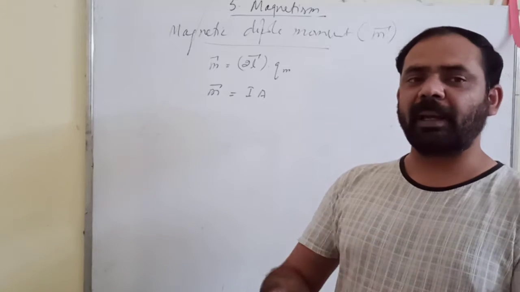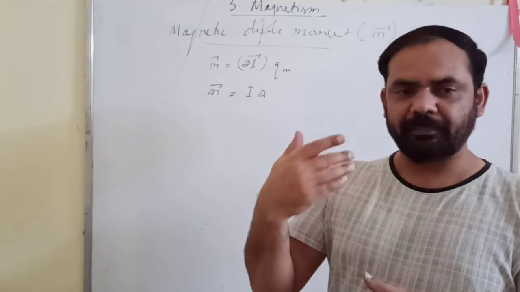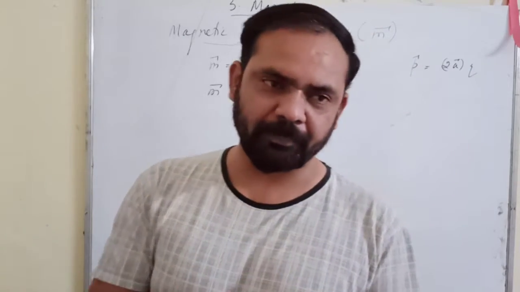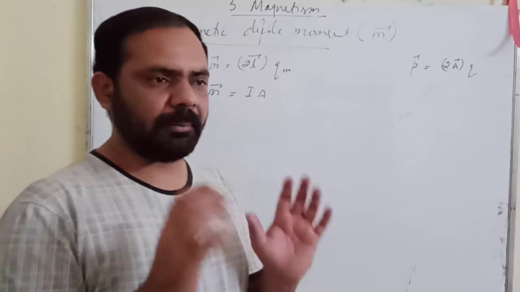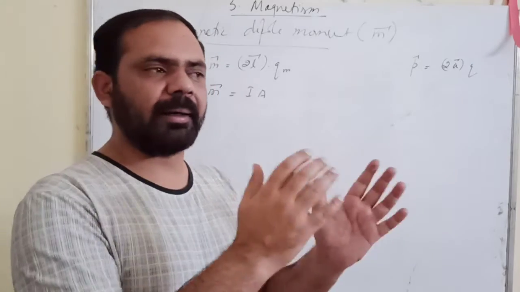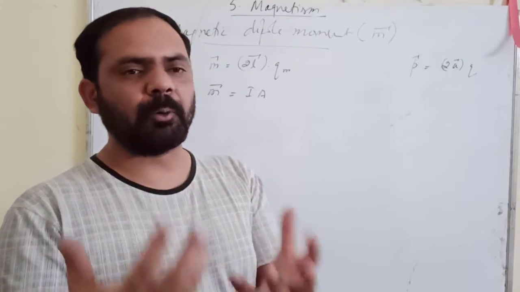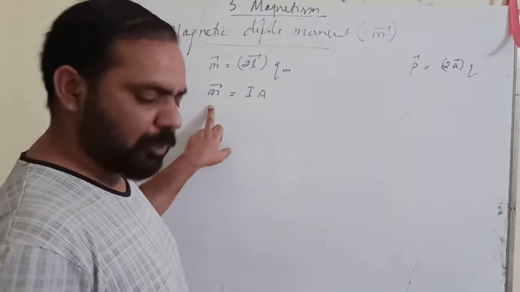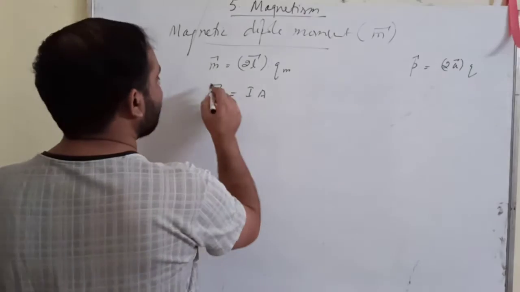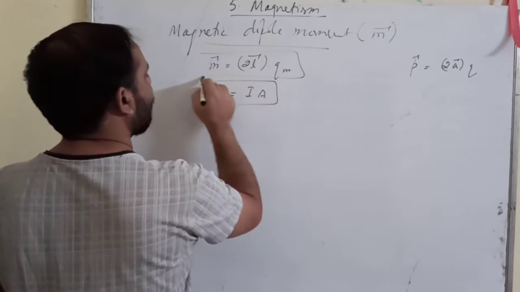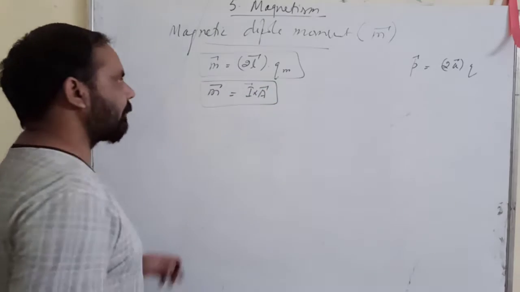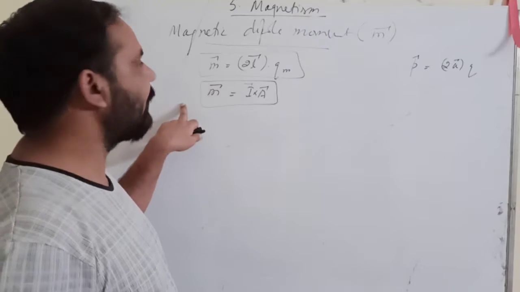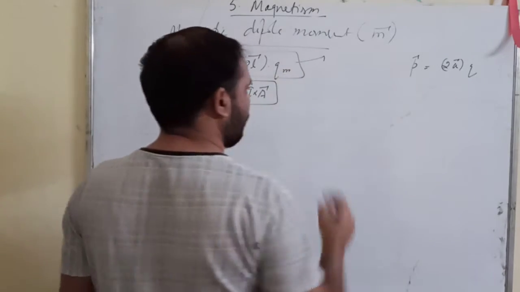If magnetic dipole moment and magnetic field are there, it means there should be some current flowing through the body, because magnetic field is the property of electric current. So the actual formula is I vector cross A vector. Both of them are formulas for magnetic dipole moment, but right now we are discussing this one.